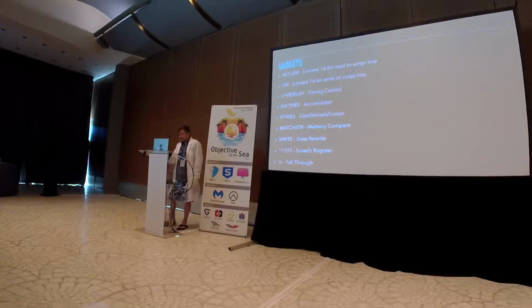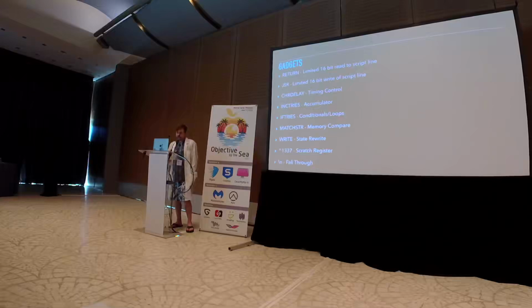These are the basic gadgets I have to work with. The return command is essentially a limited 16-bit read to the script. Well, it's almost. I'll get to that later. JSR, 16-bit write, some timing controls.